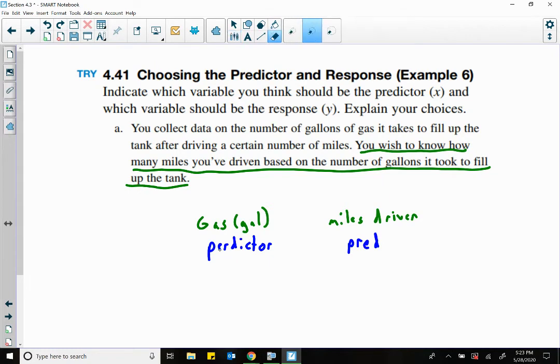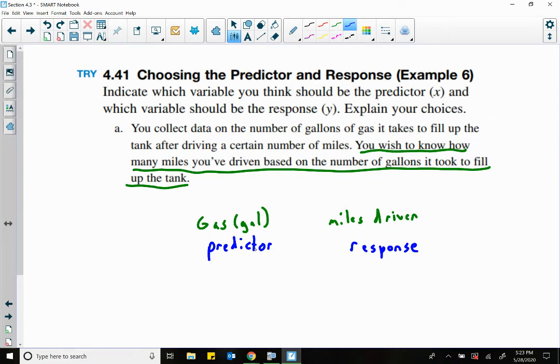I don't know why I put predictor. That's weird. Predictor. Okay? And then this is going to be your response. I don't know why they're mixing and matching those names. Or this should be the predicted. Okay?